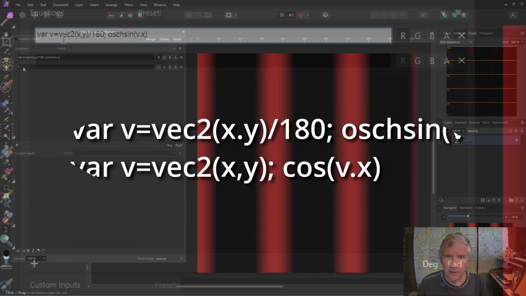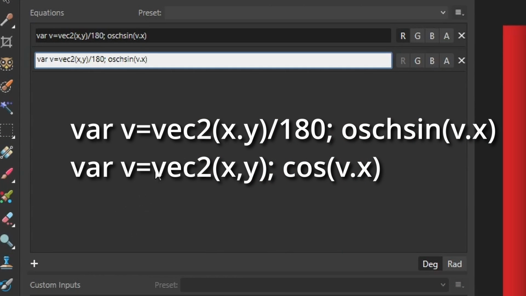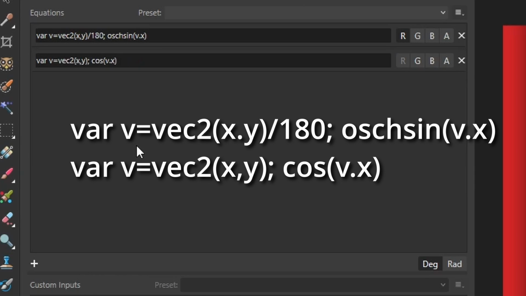So I'm going to copy this and paste it down here into the second equation. And then I'm going to take off the 180, divide by 180. I'm just going to change this to a cosine of x.